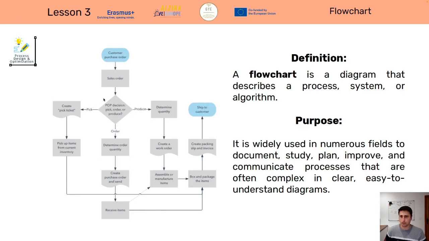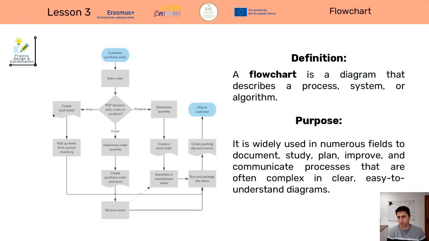This shape means decision, and it's choosing between: should we pick the product if we have stock, or should we produce that item, which quantity should we produce, or do we order it from a provider, depending on if we manufacture it, distribute it, or whether we have stock or not.